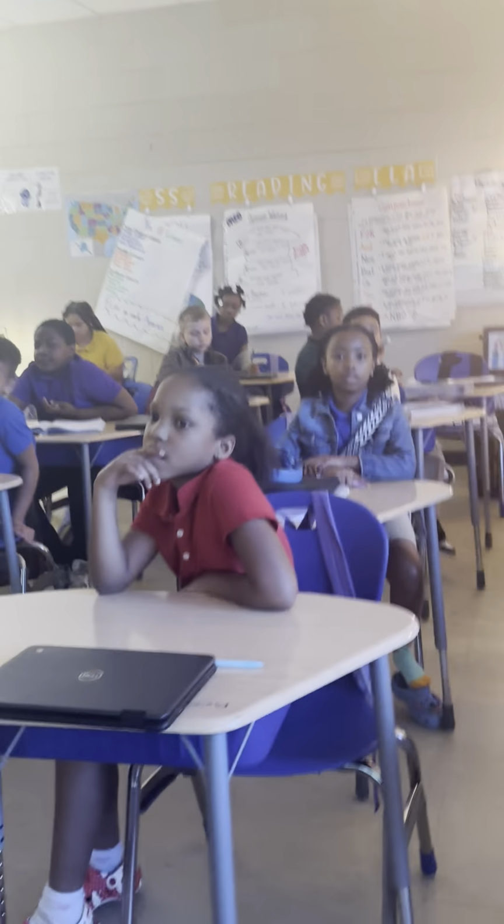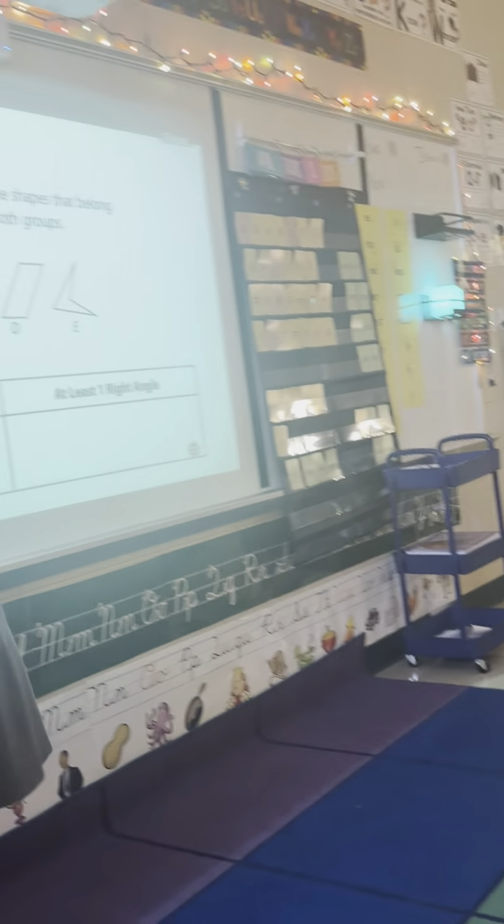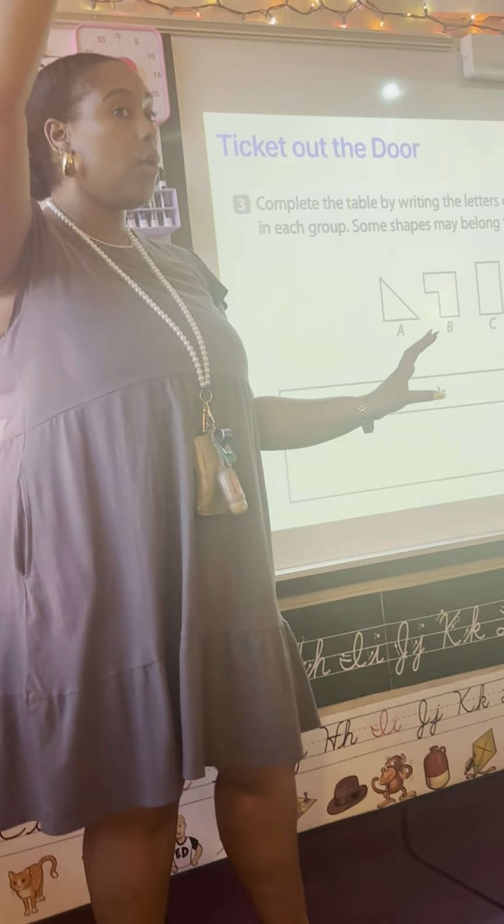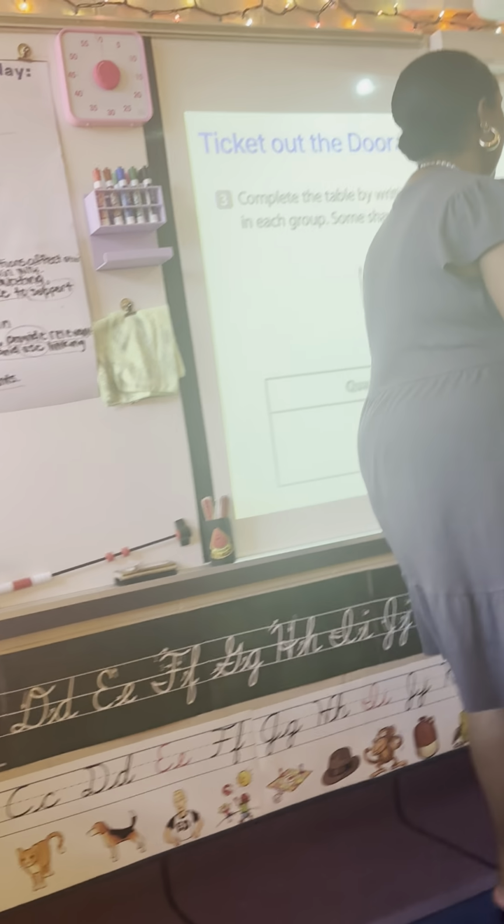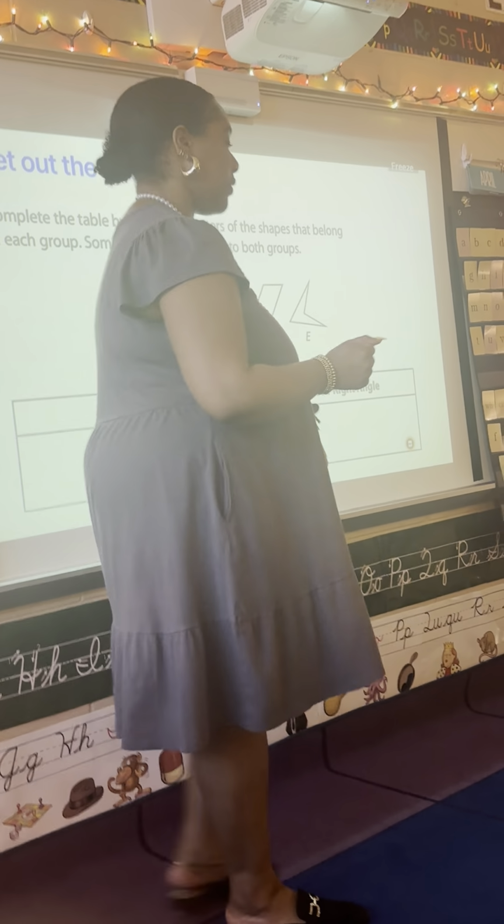It says complete the table by writing the letters. What are you only writing? The letters. Okay, so do not spend time just drawing the shapes. It's taking us too much time. Complete the table by writing the letters of the shapes that belong in each group. Some shapes may belong to both groups. So you have quadrilaterals, which is 4, and you have at least one right angle. Go ahead and do that. Remember, you're only writing the letter. You're not drawing the shape.